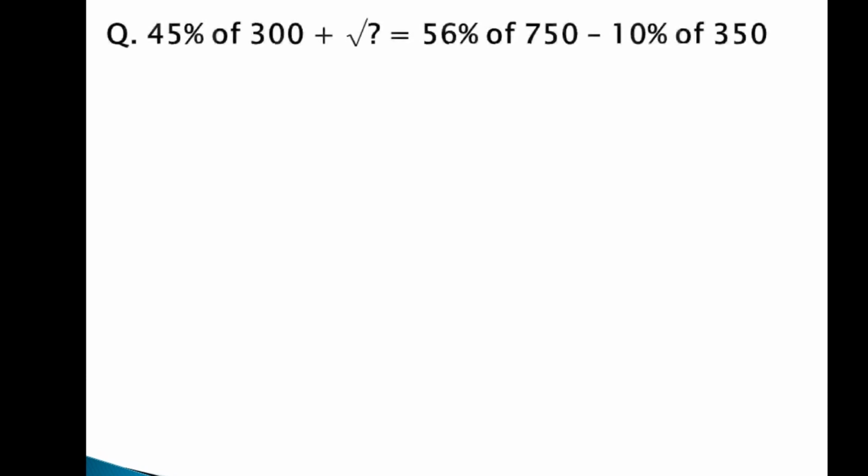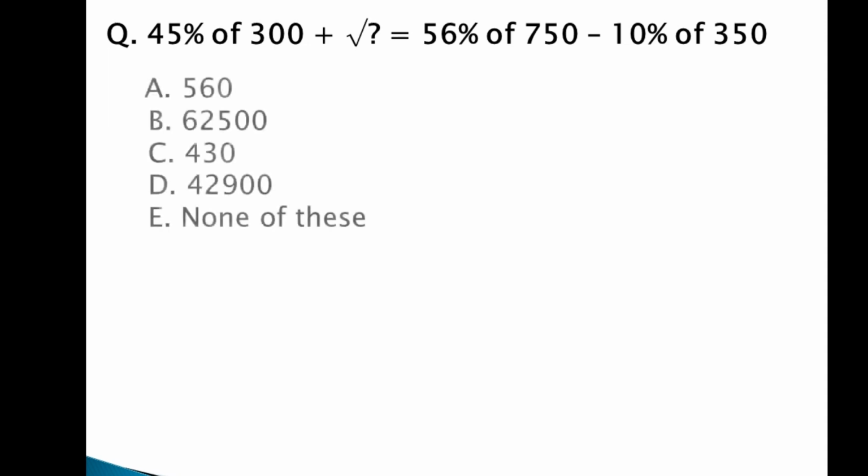Our first question is 45% of 300 plus square root of question mark is equal to 56% of 750 minus 10% of 350. We have to find the question mark.